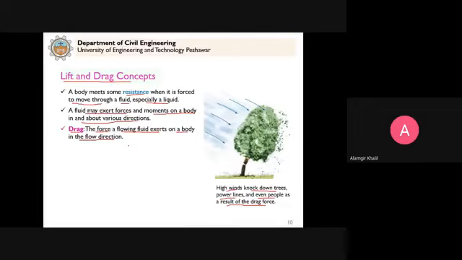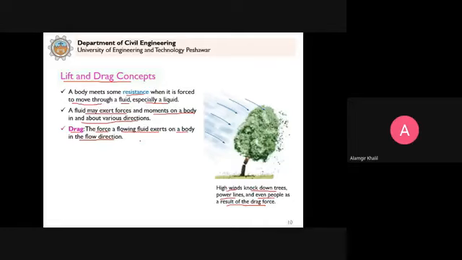Remember that we will try to calculate different forces acting on bodies when they are moving through the fluid. When a fluid is stationary and the body is moving through the fluid, or when the body is at rest and the fluid is moving past the body, in fluid mechanics this is treated as the same problem.